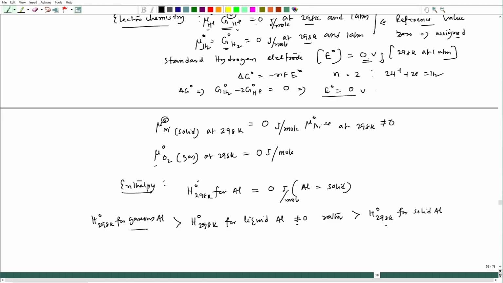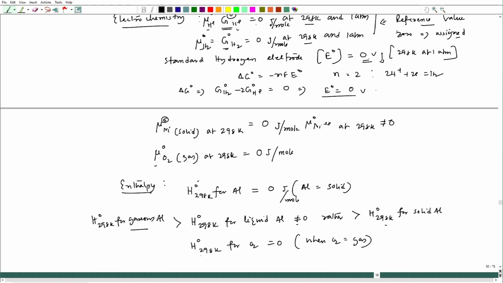Similarly, if I consider standard enthalpy at 298 Kelvin for oxygen, this is 0 when oxygen is gas, because at 298 Kelvin and 1 atmosphere pressure, the most stable form of oxygen is gas. So I can assign the value of oxygen enthalpy at 298 Kelvin as 0.